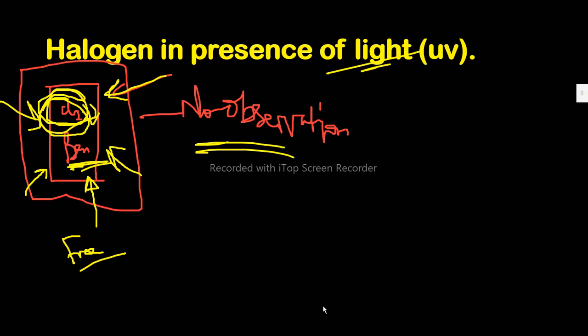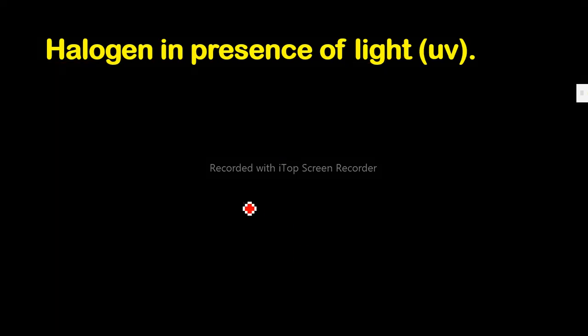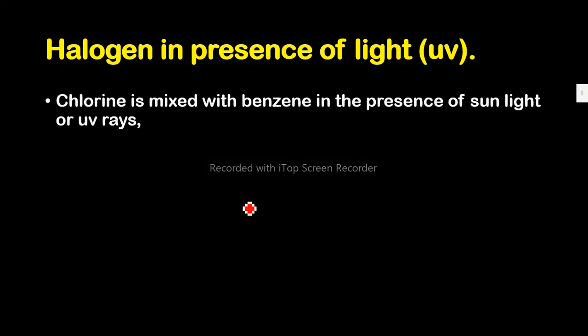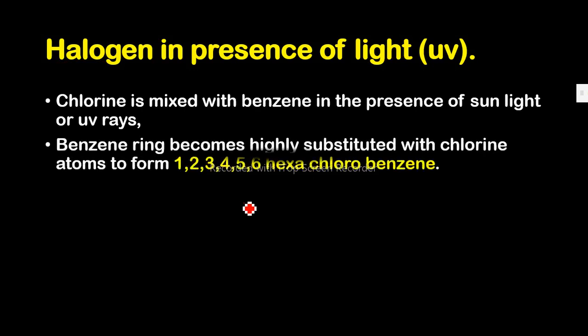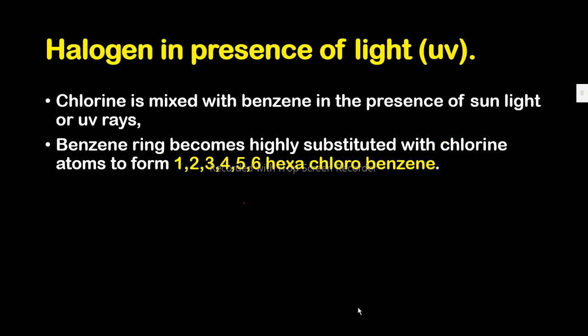So it is basically as simple as this, and we've covered all this. So chlorine mixed with benzene in presence of sunlight or UV rays, the benzene becomes highly substituted with chlorine atoms. To form this, so let's write the mechanism. Not mechanism, but the reaction.